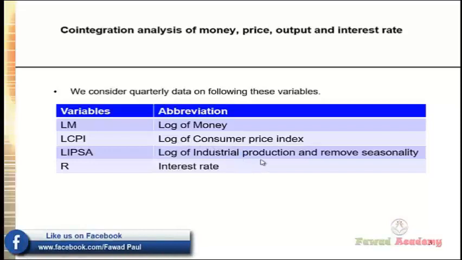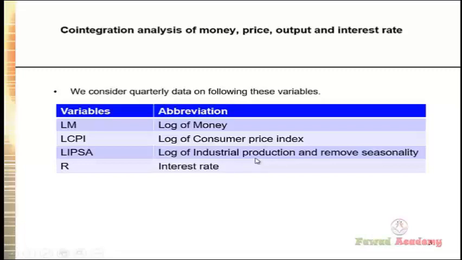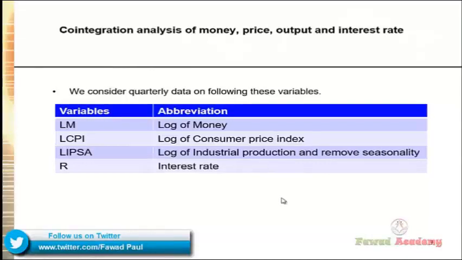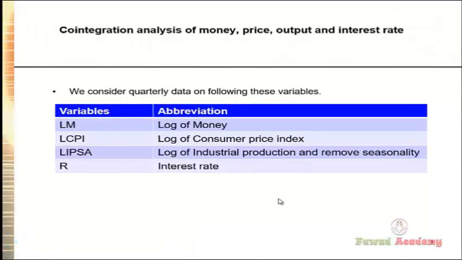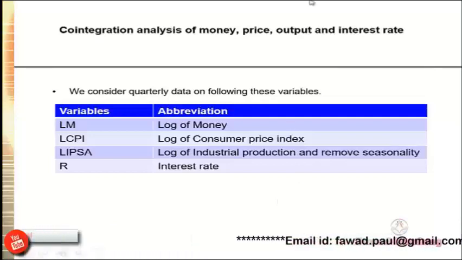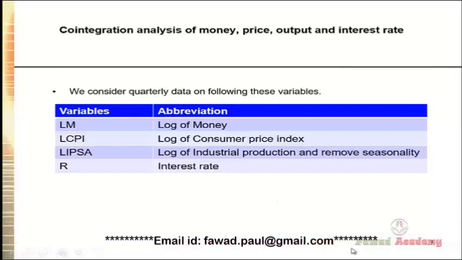In industrial production there is a seasonality issue, so in order to remove seasonality, we have used some procedures. Moreover, if you need any data regarding the lectures, you can email me at the email ID shown in this video.